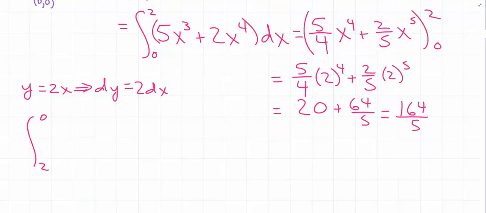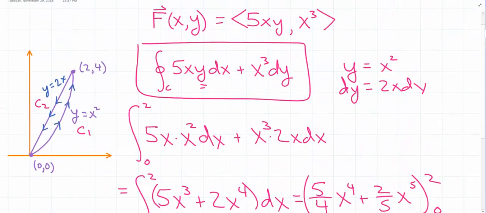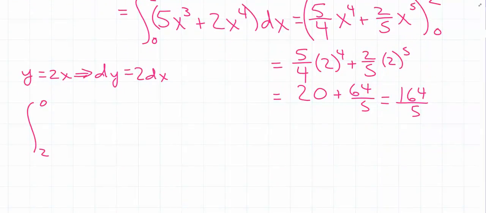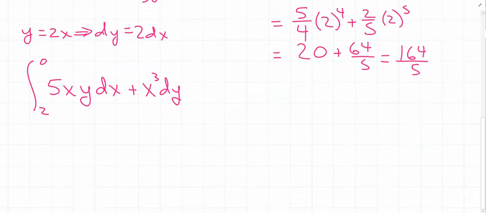Now let's remember what our function was. Our function was 5xy dx, and what was the other one? x cubed dy. Was that how it went? Okay. So let's see what we've got now.